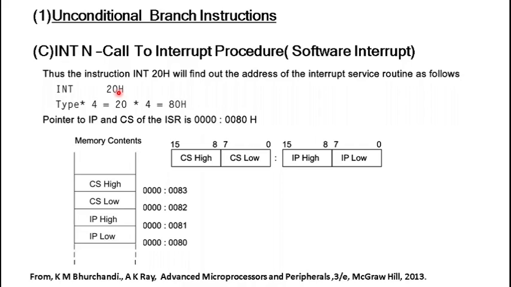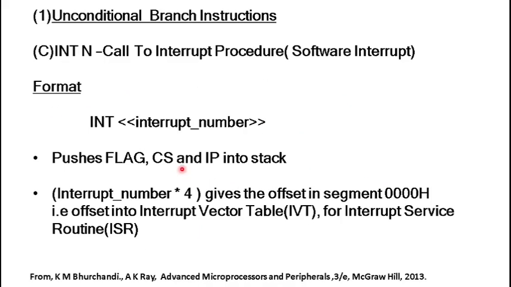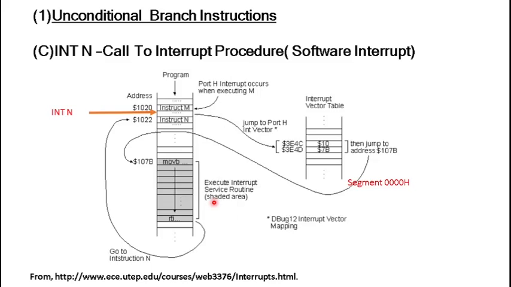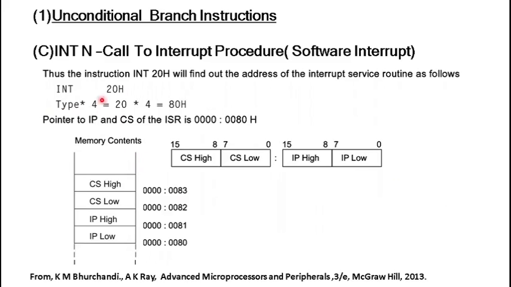The interrupt number will be multiplied by 4, and that offset is found within the segment starting at 000h. That offset will actually give you the location of the ISR. So let's consider the case of int 20h.